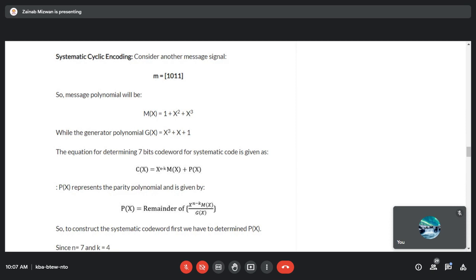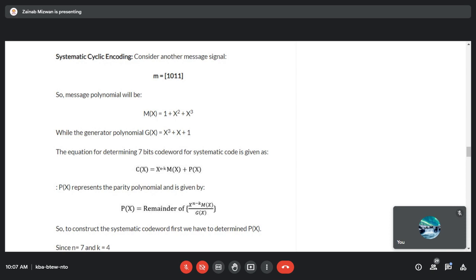We have multiplied m of x by the x raised to n minus k. हमको जो प्रोडक्ट मिला उसको हमने किससे डिवाइड किया है? जनरेटर पॉलिनोमियल. डिवीजन के बाद जो हमको रिमाइंडर मिल रहा है, दैट इज b of x, and that remainder is again added back. हमने क्या किया है? जो रिमाइंडर हमको b of x मिल रहा है वापस किसमें ऐड कर रहे हैं हम? We are adding b of x to x raised to n minus k into m of x. जो ये प्रोडक्ट है उसका वापस से b of x को ऐड कर रहे हैं, and it is going to result in the code polynomial or the code word polynomial. ये समझ में आया अभी?